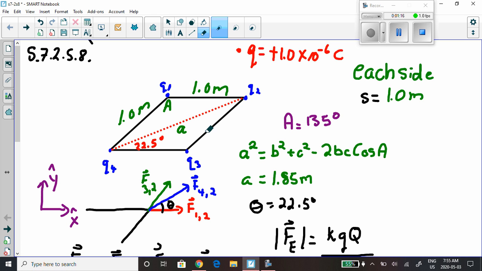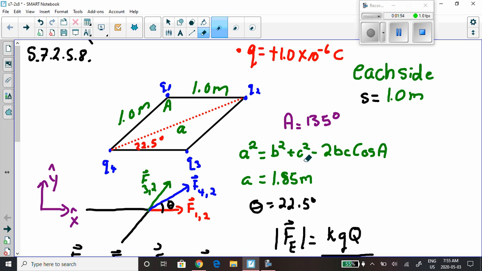Now, we're going to call this diagonal's length little a, and we know that diagonals of a rhombus bisect the angle. So this whole angle was 45 degrees in here. So that means this is 22 and a half here, and 22 and a half here, 22 and a half here, 22 and a half here, and I think you can all figure out that A has to be 135 degrees.